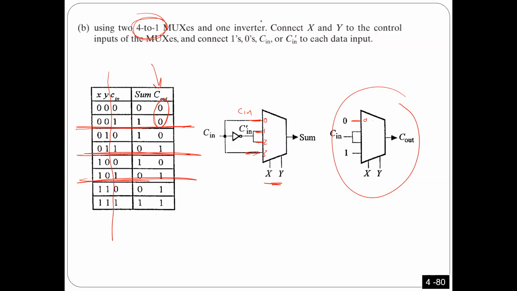Let's look at this case. When it is 0 and 1, I got 0 and 1, so it's equal. So I'm going to put Cn here. Same thing here, 0 and 1, 0 and 1. It's equal, so I'm going to put Cn here. The last one here is always 1, no matter what. It's always 1. You got it?